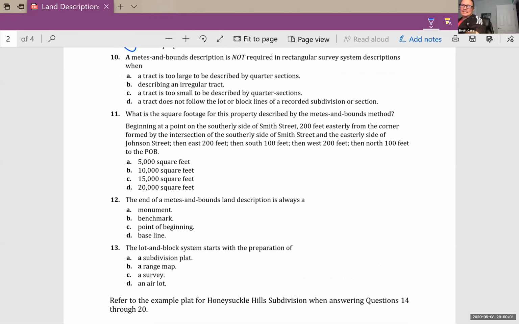Was it B? 10, a meets and bounds description is not required in a rectangular survey system when what? Too large. That wouldn't make any sense. Yeah, you're right. So yes, it's when it's irregular. Yes, it's when it's too small. Yes, it's when it doesn't follow. But it doesn't make sense that it's too large. 11, what do you like?